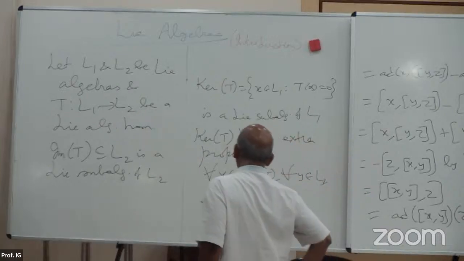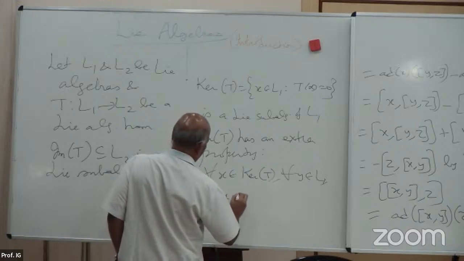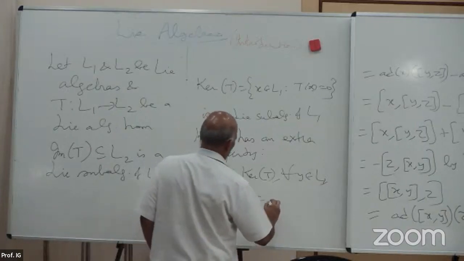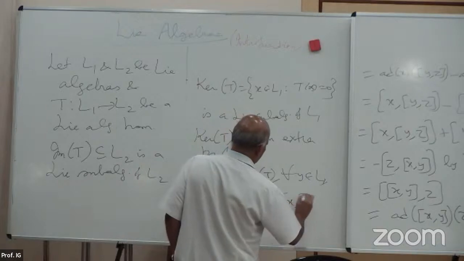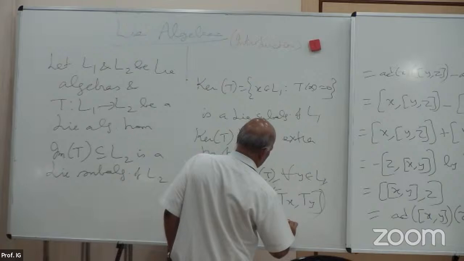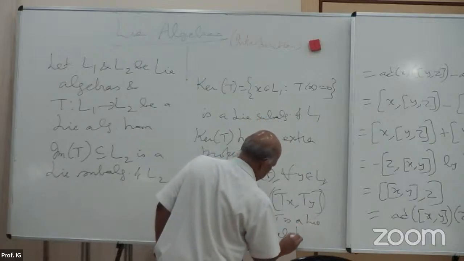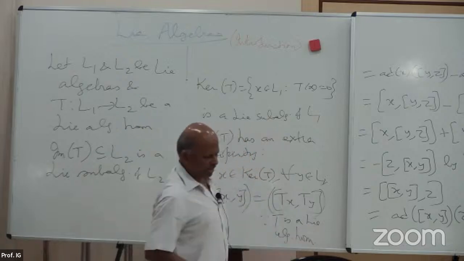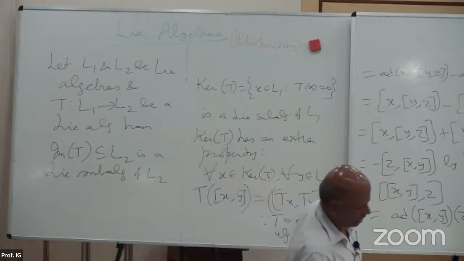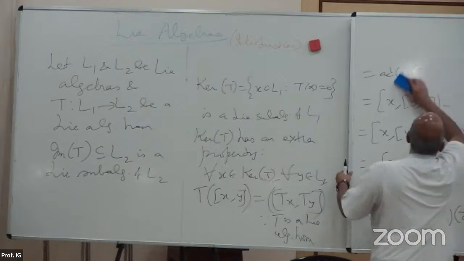What do we get? T of [x, y]. Since T is a Lie algebra homomorphism, T of [x, y] is the same as [Tx, Ty].